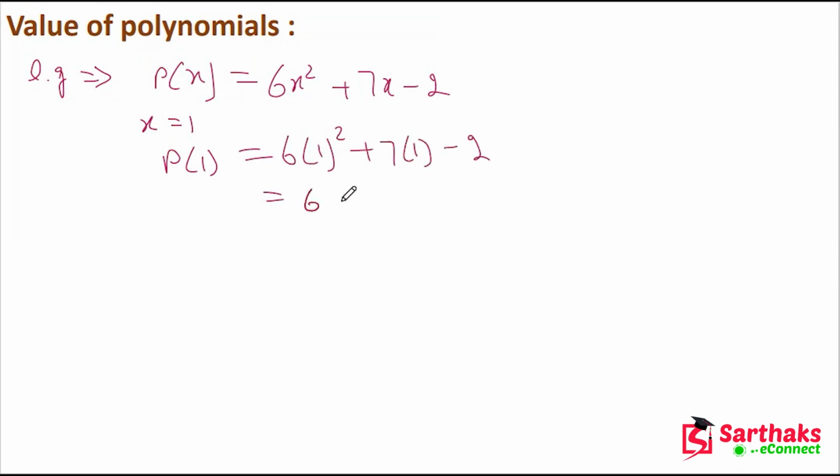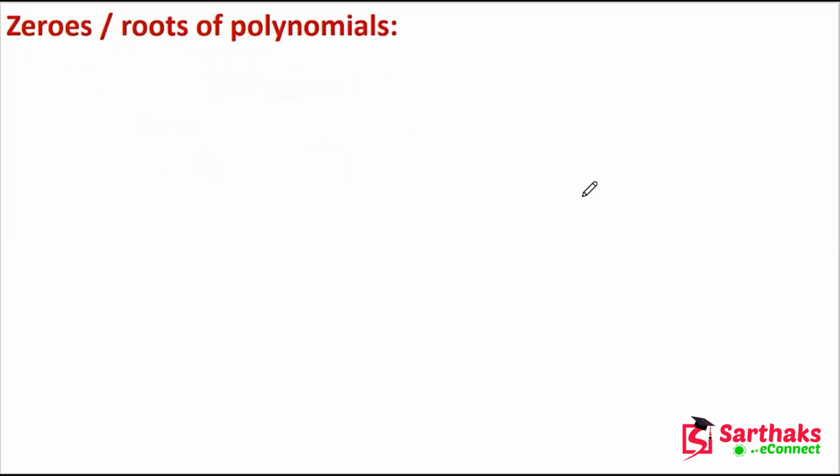Then it becomes 6 plus 7 minus 2, and the result is 11. This is our answer. So we can say that the value of p of x at x equals 1 is 11.